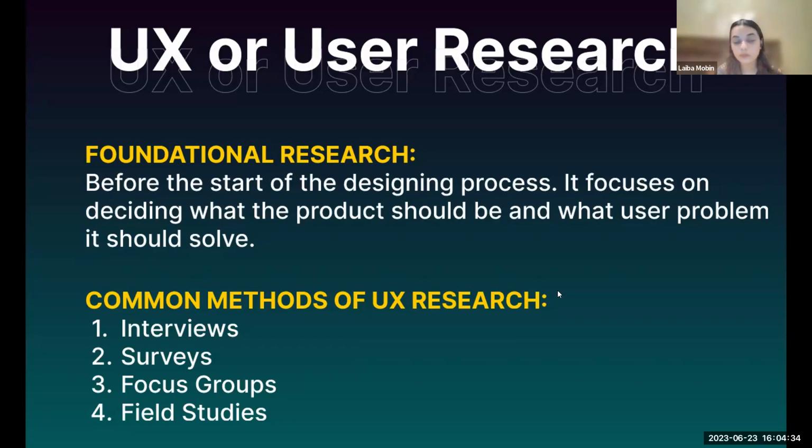And what problem of the users do you want that product to solve? So there's a bunch of questions you ask during the foundational research process, and one of the main ones is, what do we build? What is the product, right? So that is the basics of your foundational research. They're forming the foundation of your product. Just think of it like that. It's the first stage, forming the foundation of the product, and it is, what should the product be?